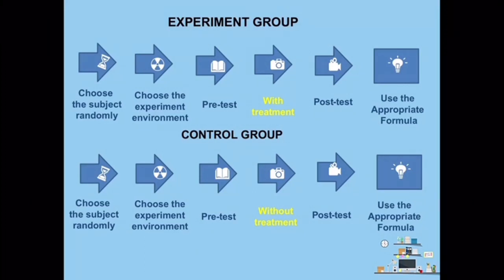And here, there are differences between the experiment group and control group. The experiment group gets the treatment, or role play, but the control group is without treatment. And after that, the researchers give a post-test to the two groups, experiment group and control group.